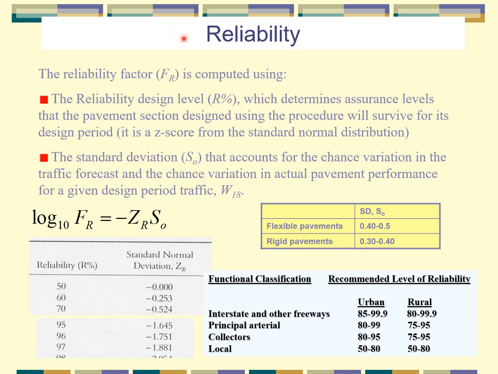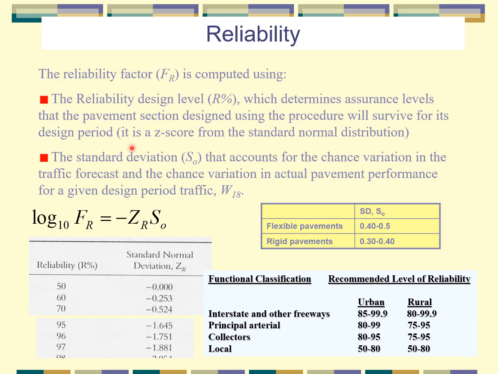Then comes the reliability. The reliability factor F sub R is computed using the reliability design level R percentage, which determines assurance levels that the pavement section designed using the procedure will survive for its design period.